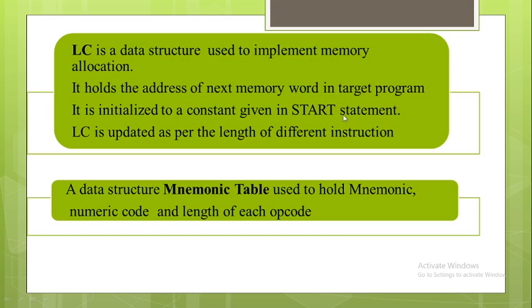Whenever we use this assembler directive, it initializes the location counter to the value that follows the start symbol. After that, the LC is updated as per the length of the different instructions. The next data structure, the mnemonic table, is used to hold the mnemonic, numeric code and the length of each opcode.